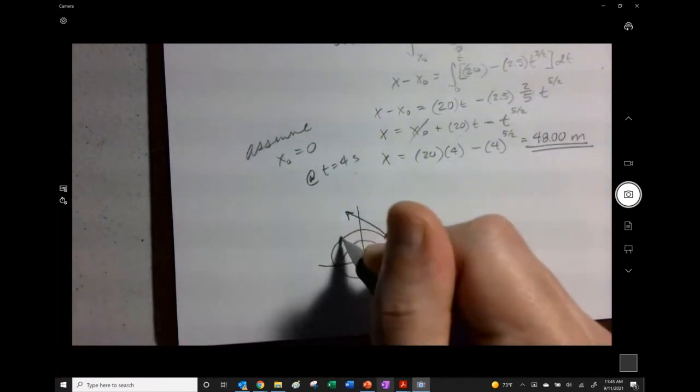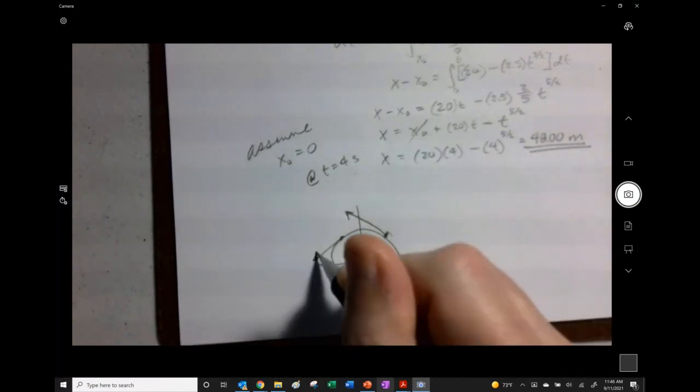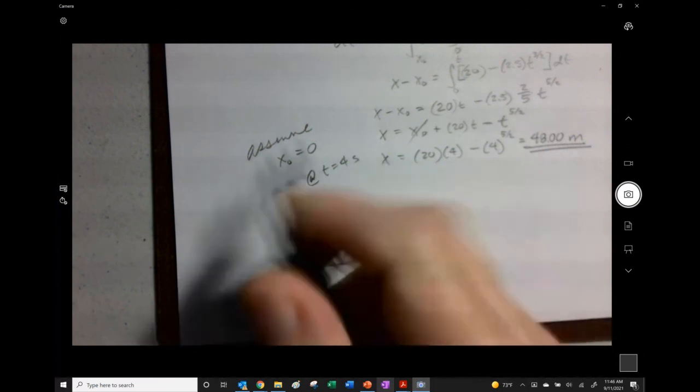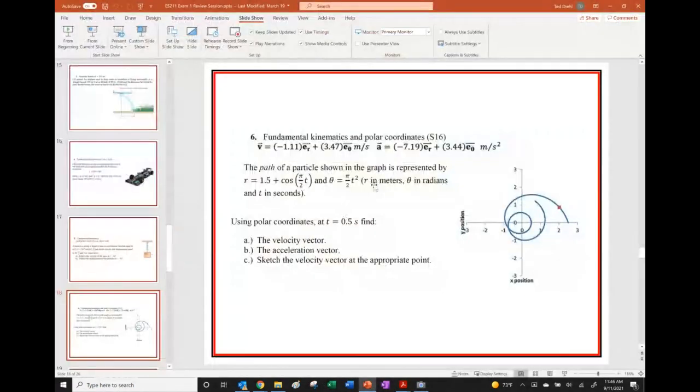You had to know that it was starting here and moving that way, but you could tell that from the equations: when you set t equal to 0, the angle is 0, so this must be where it's starting. You would also get 2.5 right there when t is equal to 0. So it's moving in this direction, and the velocity has to be coming up that way.